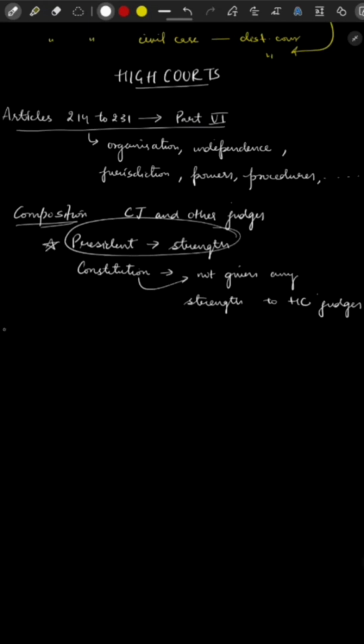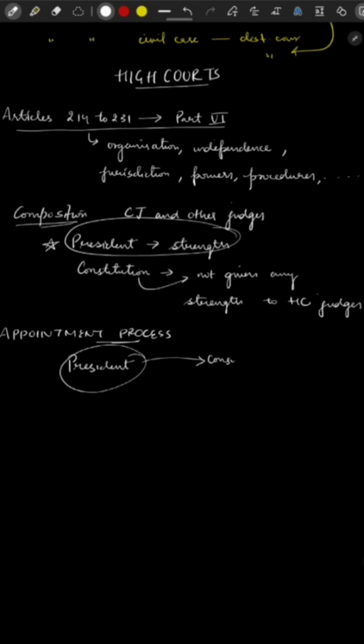And how are the judges appointed? The appointment process: the president appoints the judges, but he has to consult the Chief Justice of India.